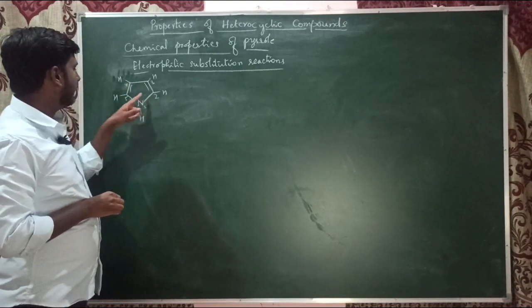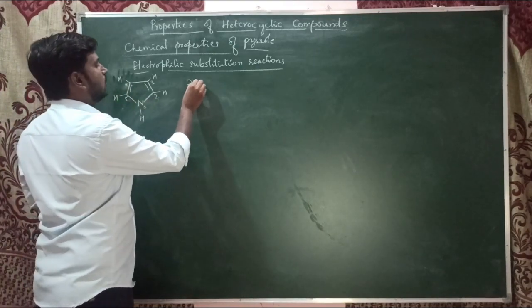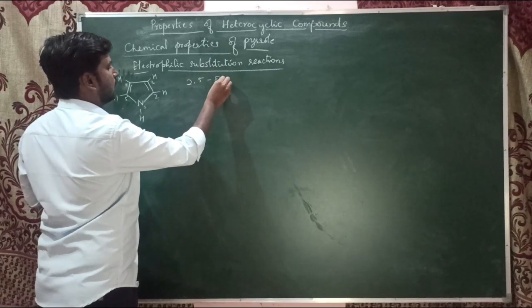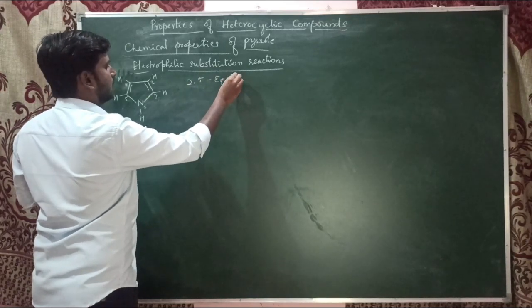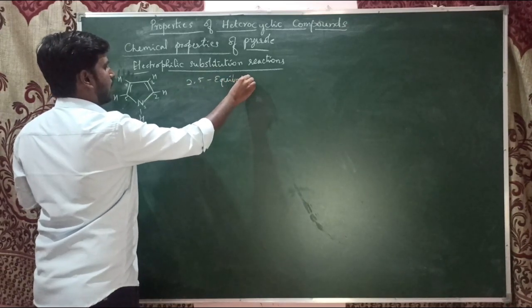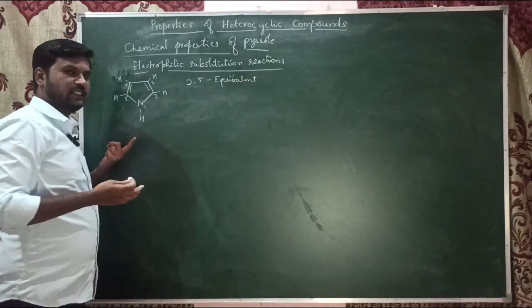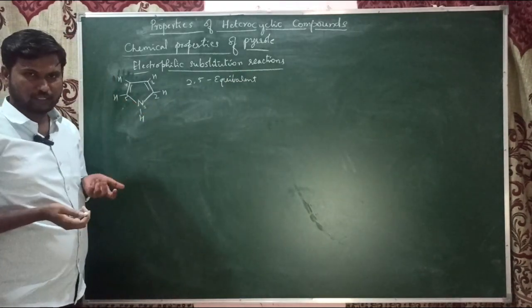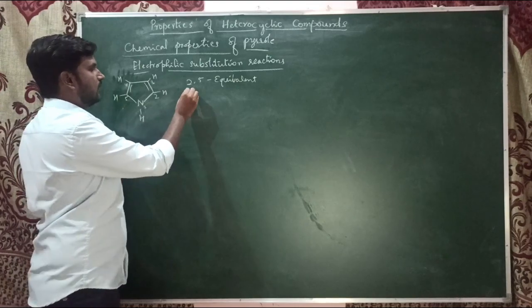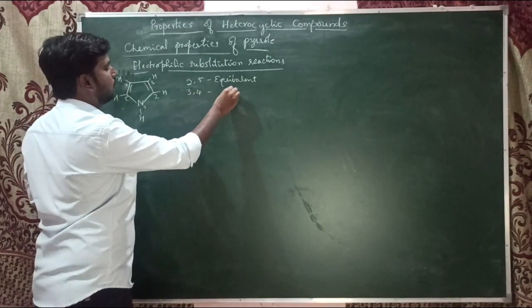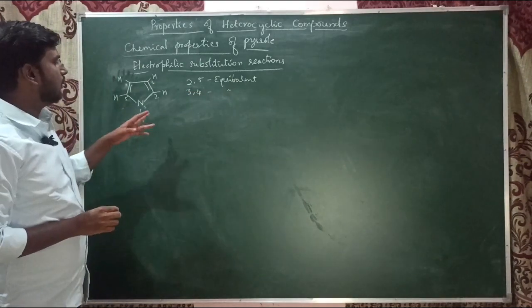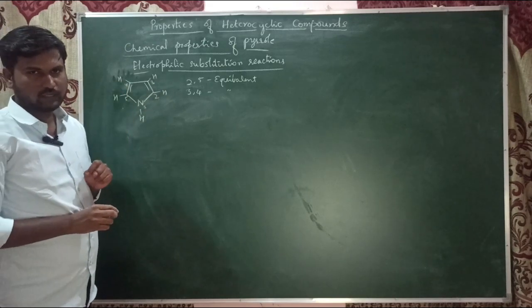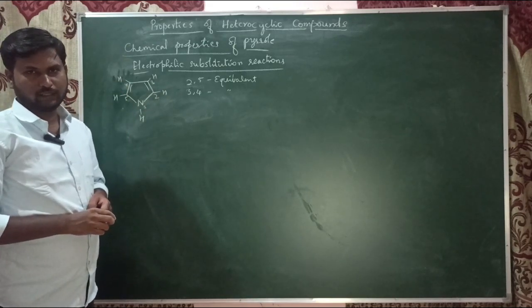The 2nd and 5th are equivalent, the same. If the reaction takes place at the 2nd or 5th, both are the same. It is the same for the 3rd and 4th positions, as these are also equivalent. So we get only the 2nd and 3rd positions for the electrophilic substitution reaction.